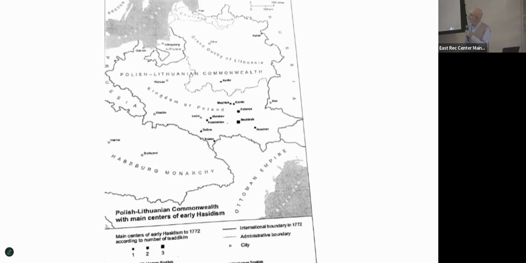If we look at this map, this is where most Eastern European Jews lived. This is a map particularly of Hasidic sects and where they were, and you see most of them are in this land called the Polish-Lithuanian Commonwealth, or the Grand Duchy of Lithuania and Poland.